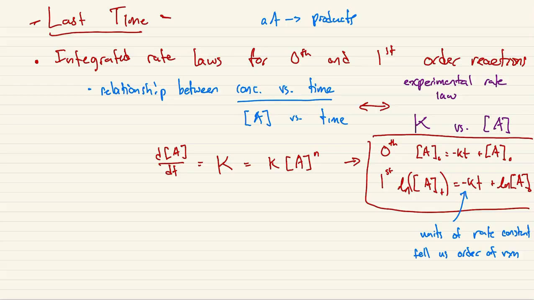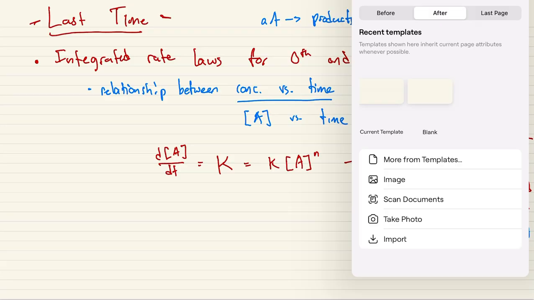What else do we look at? The dependence of what on what other variable? Yeah, the temperature and the rate constant, right? And the rate constant, which is then the rate of reaction, right? We also looked at the temperature dependence of the rate constant.